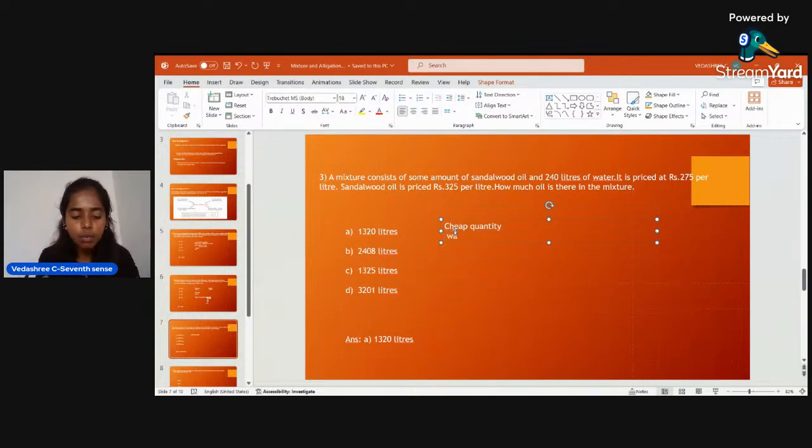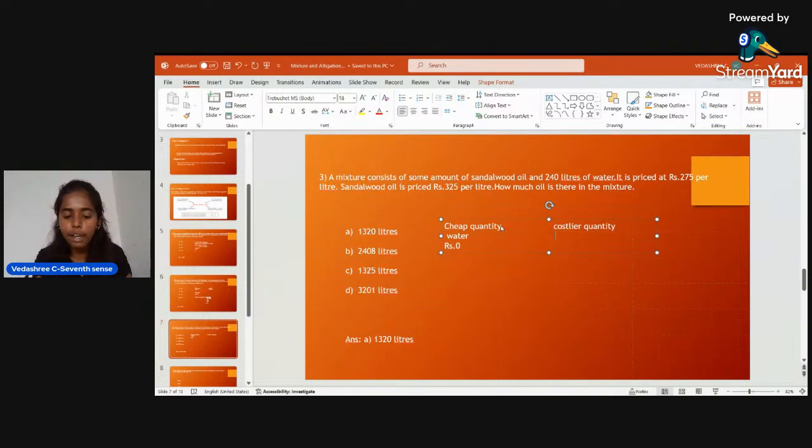And here the water price is not given, so we'll consider it as rupees 0. Next, the costlier quantity, that is the dearer quantity.